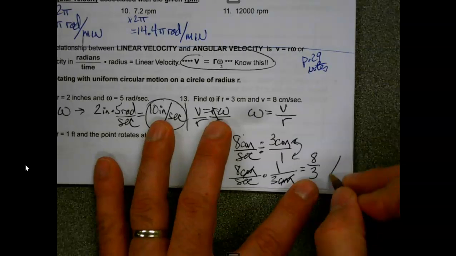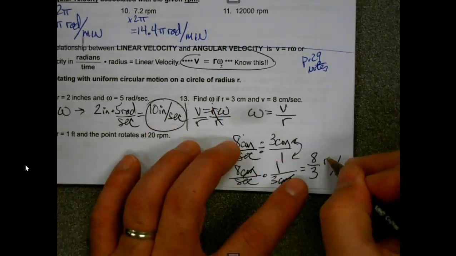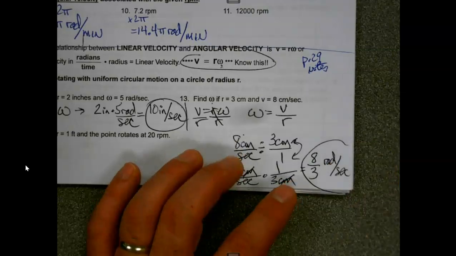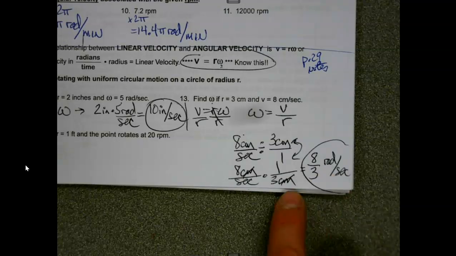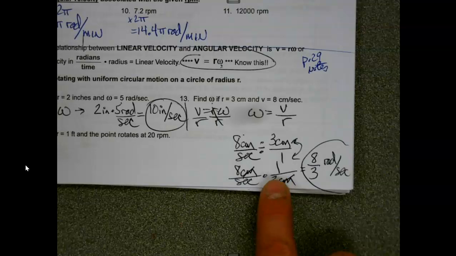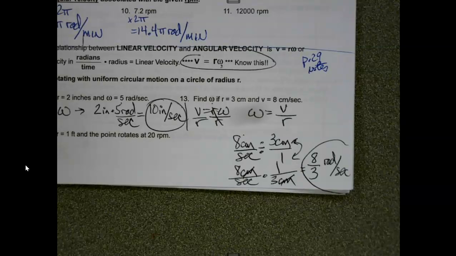Per second. It's angular velocity. No pi anywhere to be seen. I just have to remind myself, especially since I see no other measurement, all I see is the seconds down here. Well, angular velocity is not just seconds. It's got to be some measurement of an angle. That's where the radian part comes in.